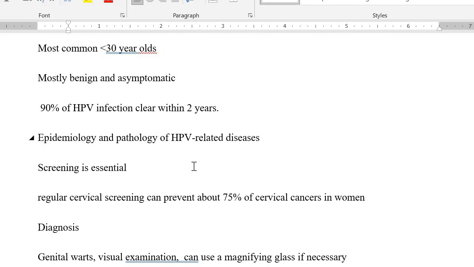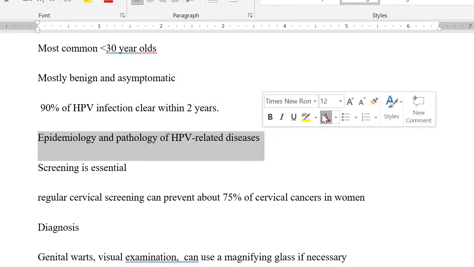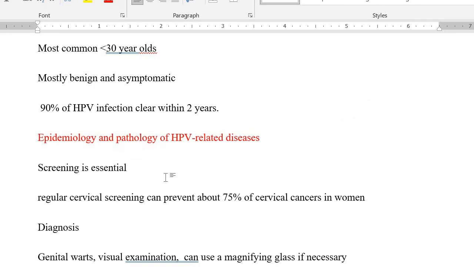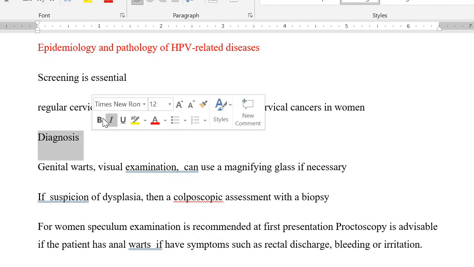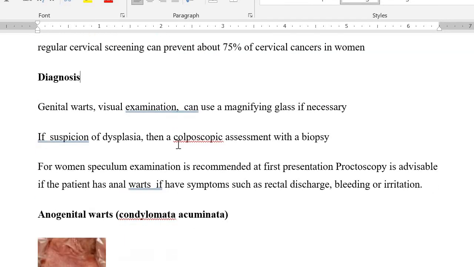So how do we investigate the epidemiology and pathology of HPV related disease? Screening is essential. Regular cervical screening can prevent about 75% of cervical cancer in women. And we have to give the message to the patients, the masses, that they can be protected from a deadly disease only if they take a simple vaccination. Genital warts can be identified on simple examination.